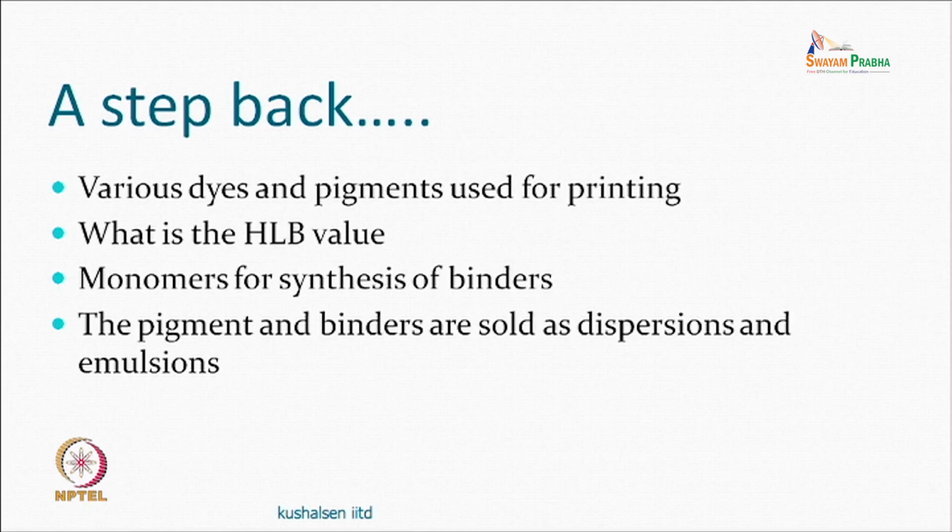The pigments and binders are generally available in dispersions or emulsions, and therefore you have to use some surface active agents, which would have what we call a HLB value, hydrophilic lyophilic balance. And we also looked at some of the monomers which can be used as binders, particularly for pigment printing.